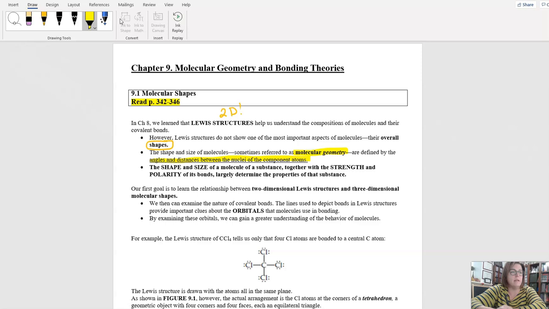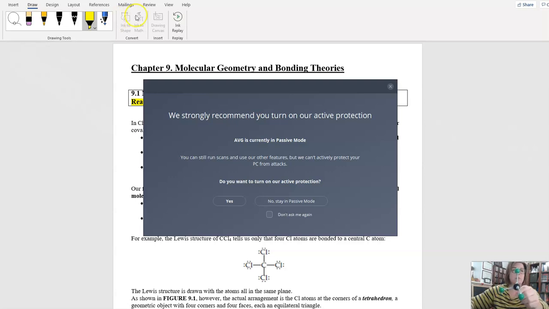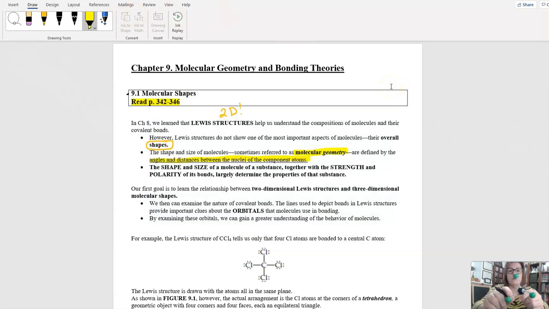So depending on if it looks like something like this, carbon tetrachloride, or is it the true shape that looks like this? Okay. So when you draw this, we have to take into account its actual shape that we see in the world. Because as you see right there in the notes, that is carbon tetrachloride when we drew it back in Chapter 8.